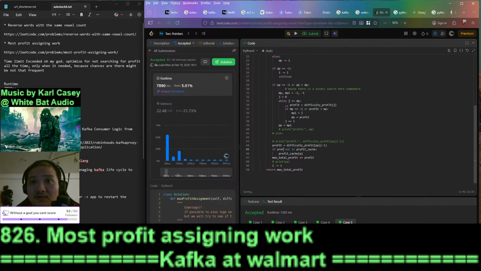So W is not in profit cache, equal to profit, right?